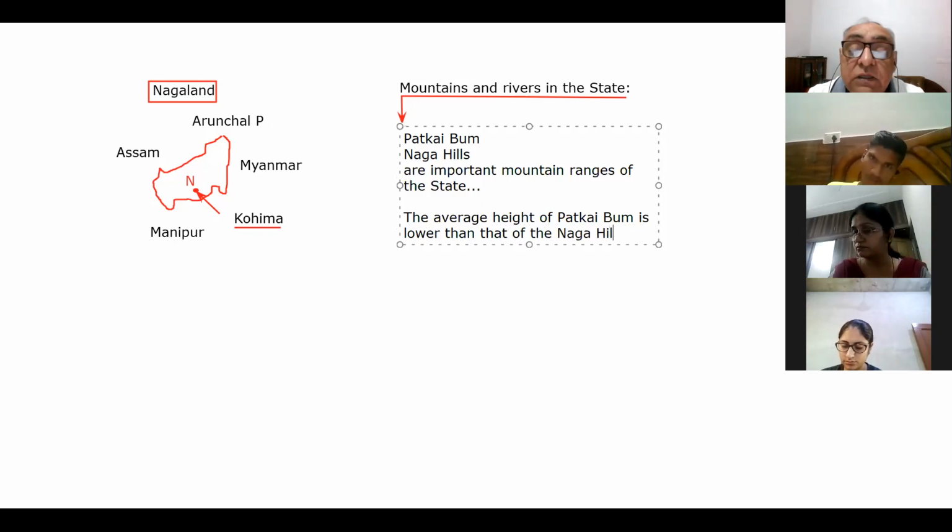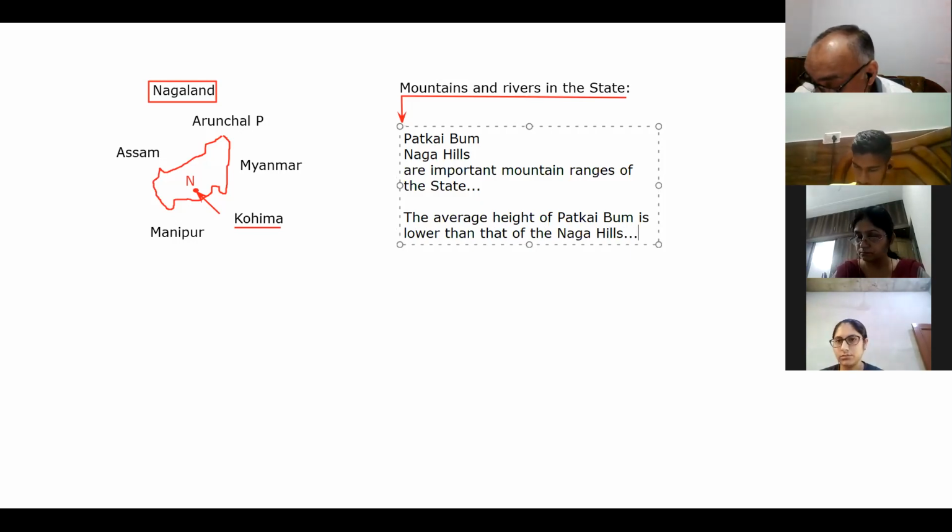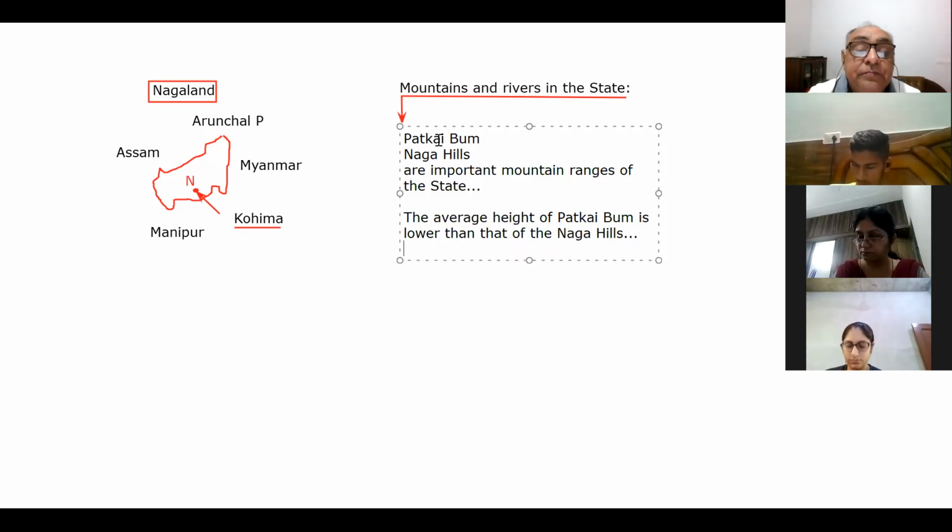It means Naga Hills की height ज़्यादा है. So the highest peak of Nagaland, what is the name of the highest peak?